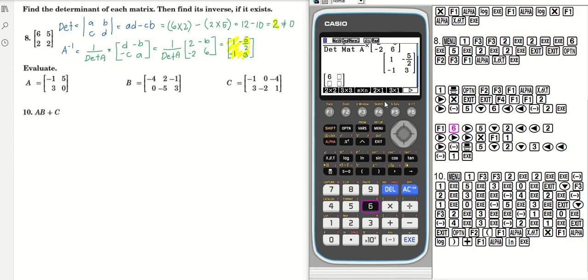So we have the given matrix, which is 6, 5, 2, 2.